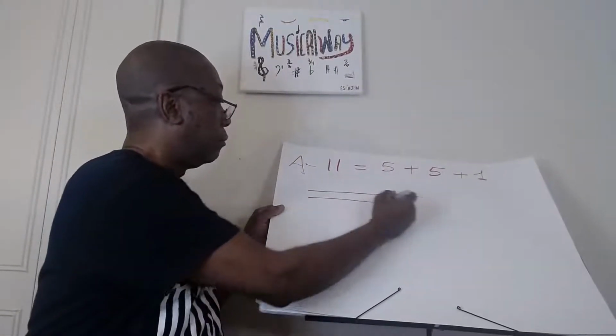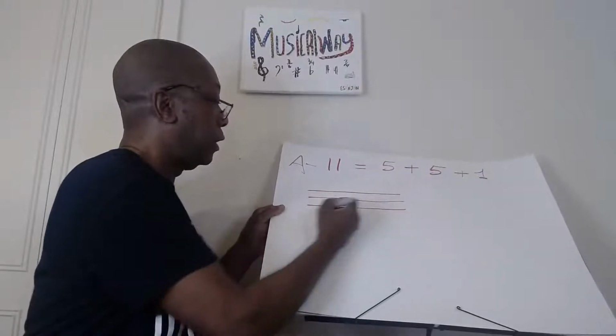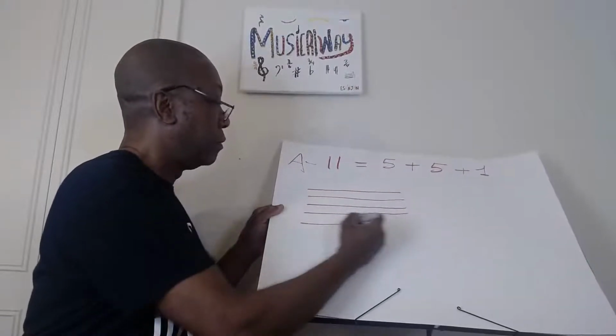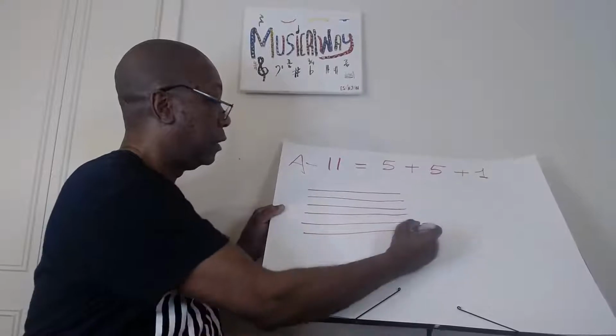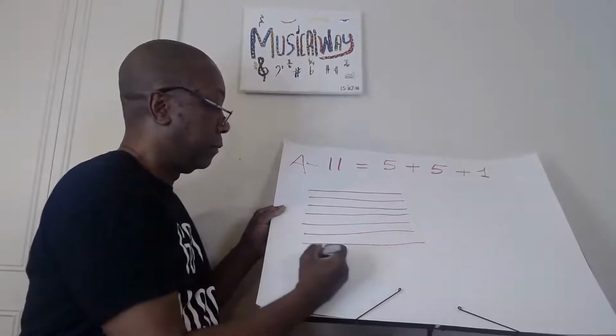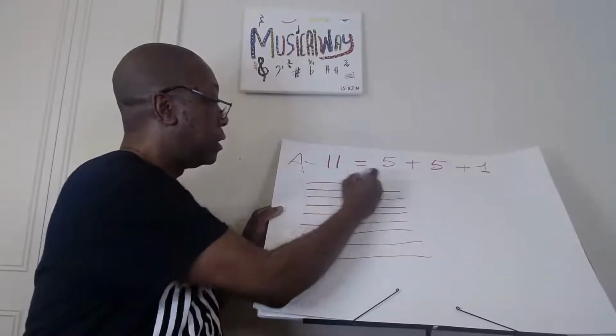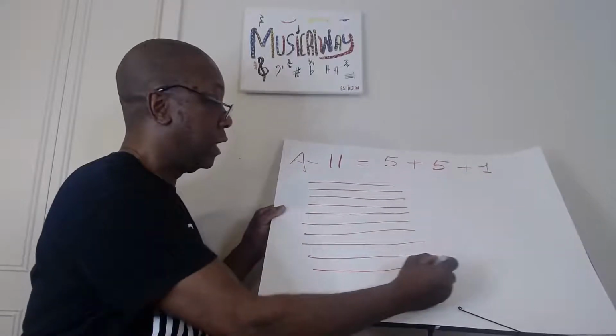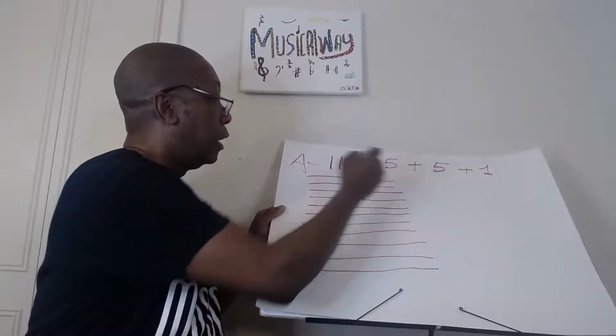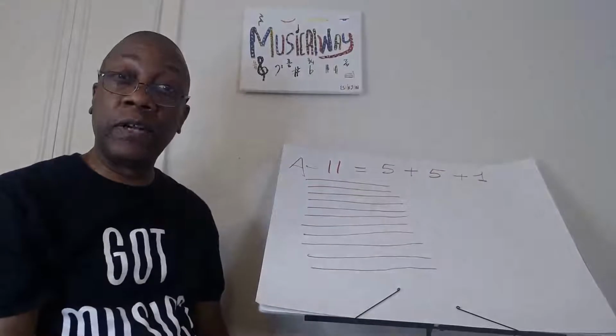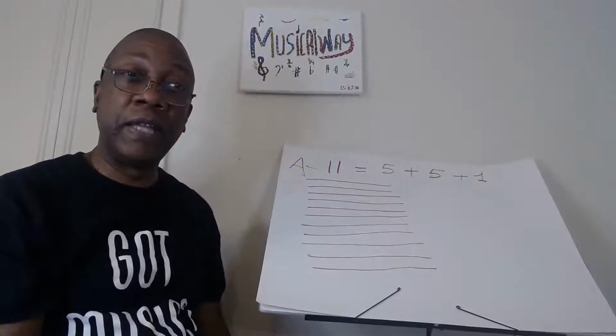1, 2, 3, 4, 5, 6, 7, 8, 9, 10, 11. Okay, so far so good. 11 lines.